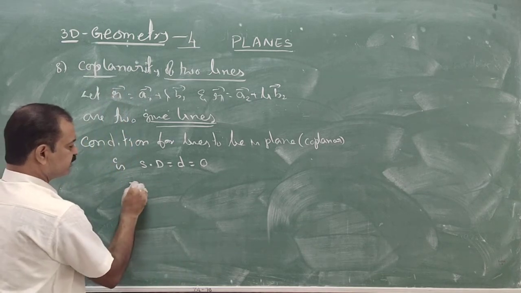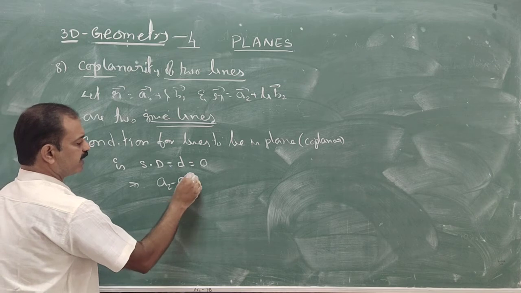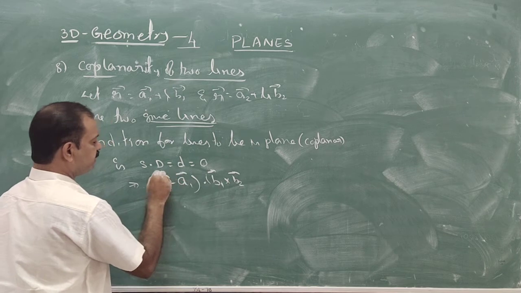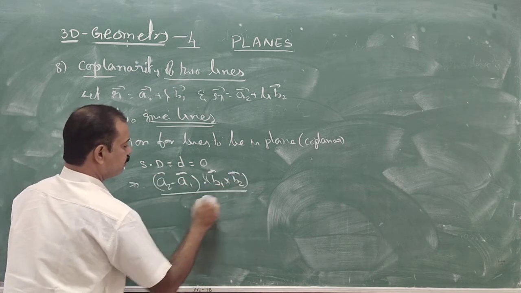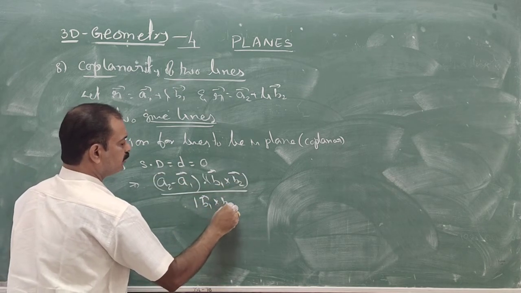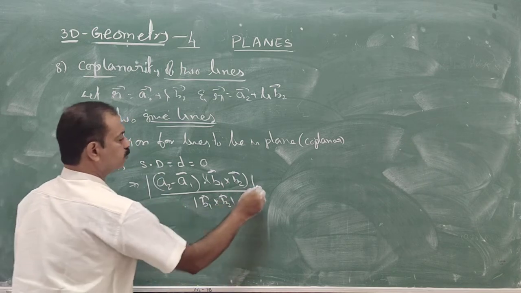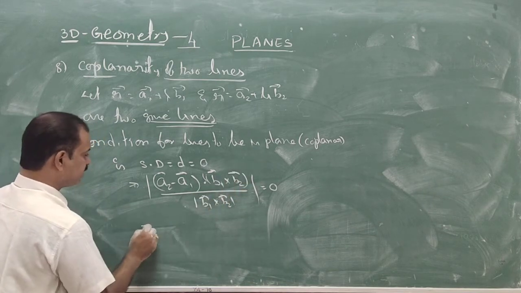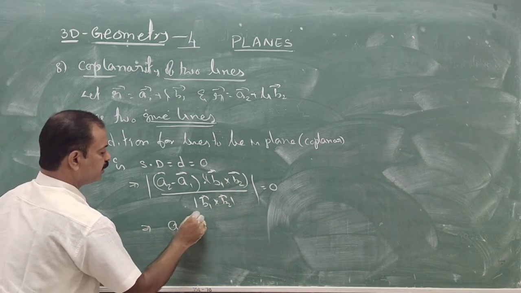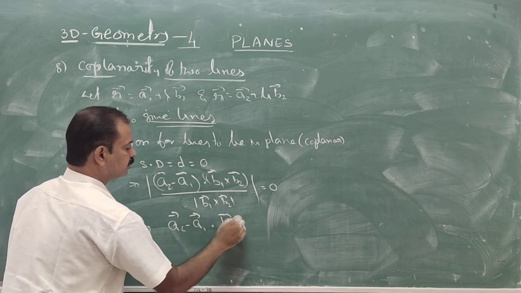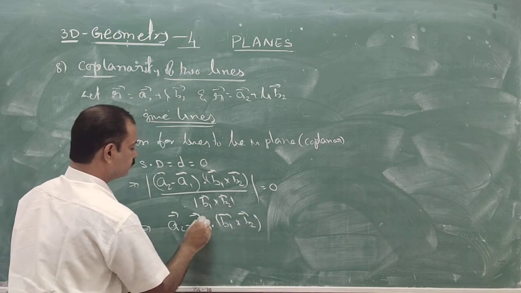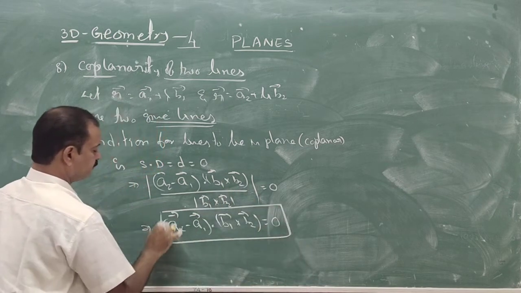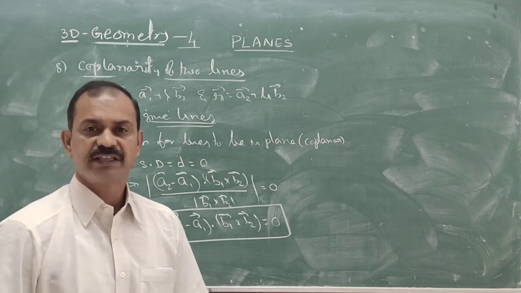You know the shortest distance: A2 minus A1 dot B1 cross B2, am I right? By magnitude of B1 cross B2 is equal to 0. So from this, when you multiply, it will become simply A2 minus A1 dot B1 cross B2 is equal to 0. So this is the condition for the coplanarity of two lines.